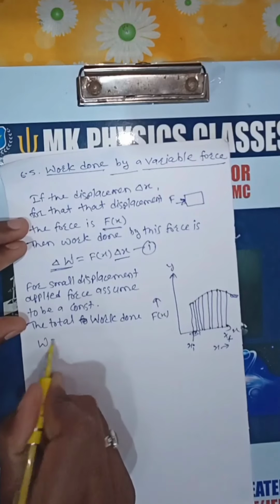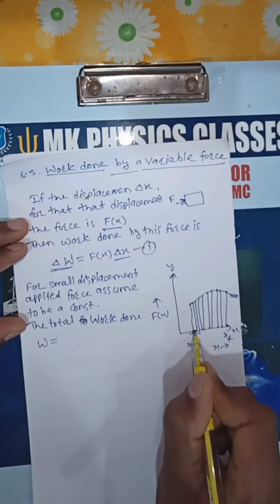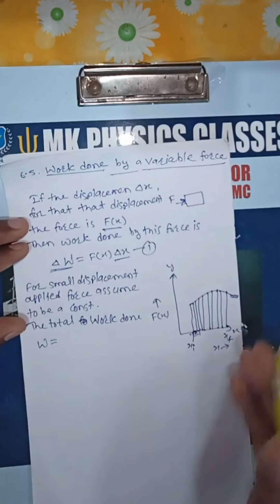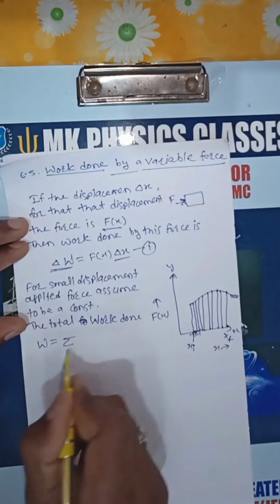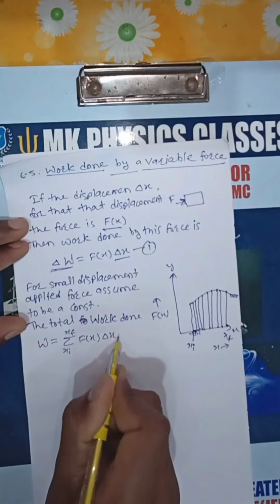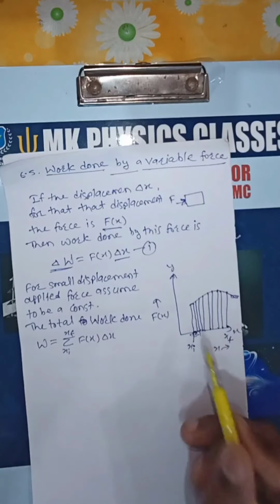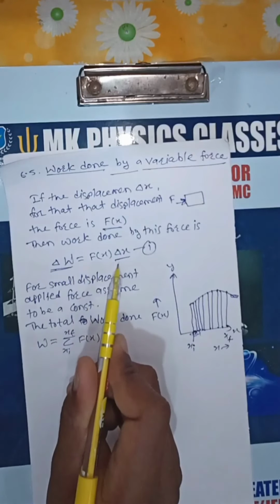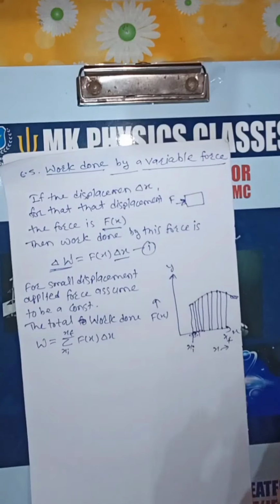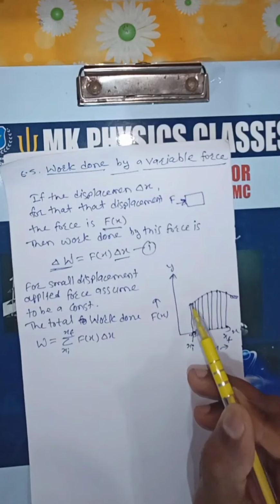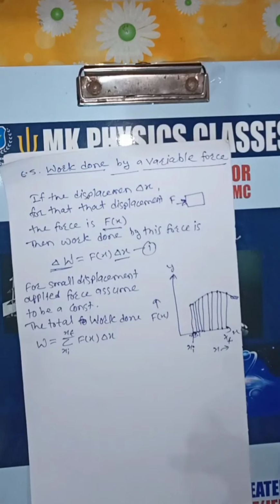The total work done W is the summation of these, addition from xi to xf of Fx into delta x. For a small delta x the work done is small delta W, equal to Fx into delta x. For a small displacement, the force also looks like a constant.